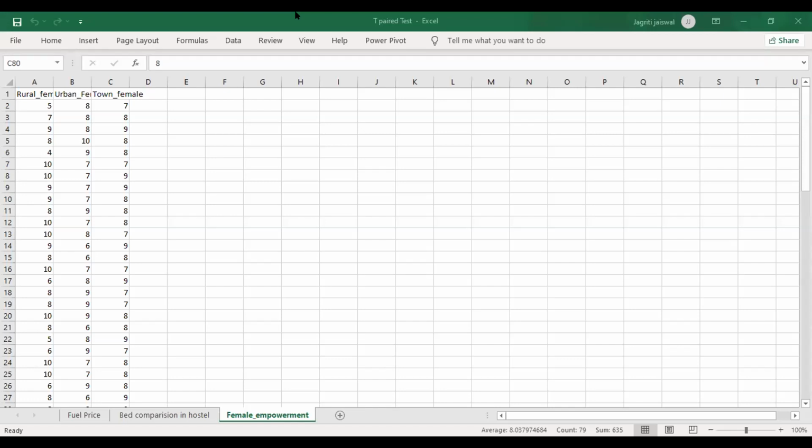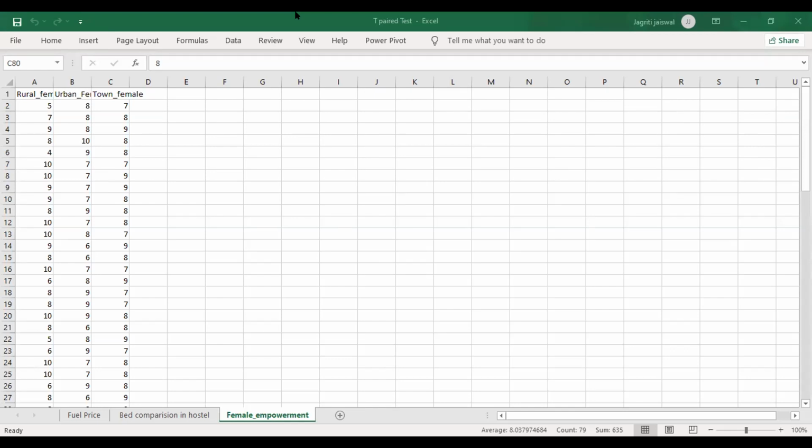Here, female decision will be the dependent list and region will be the factor. If we want, we can check options for descriptive statistics, whatever you want, otherwise you can just click OK.